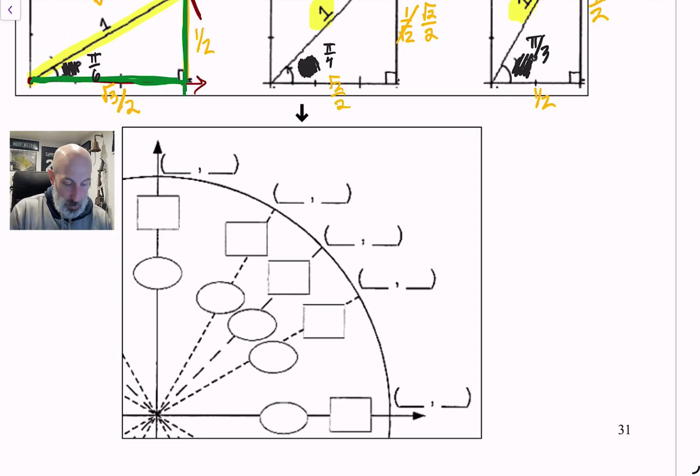But what we have just done is we've looked at pi over 6, pi over 4, and pi over 3 as radian angles, and found the corresponding ordered pairs on the unit circle. So for pi over 6, it was the square root of 3 over 2 and 1/2, root 2 over 2 and root 2 over 2, and 1/2 with root 3 over 2.